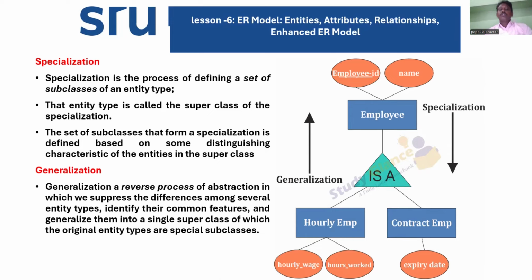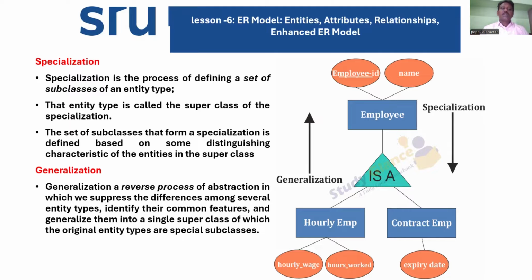Okay, now these two entities, hourly employee and contract employee, inherited two features from the employee, that is employee ID and employee name. So in specialization, we create subclasses based on the superclass.